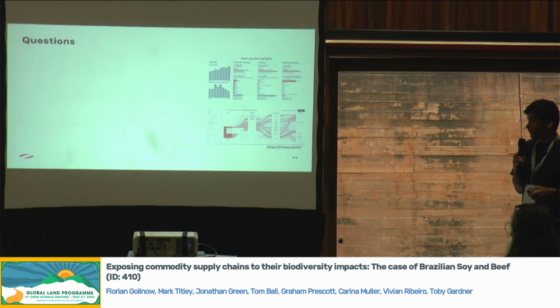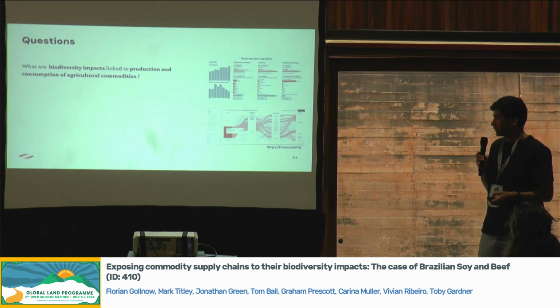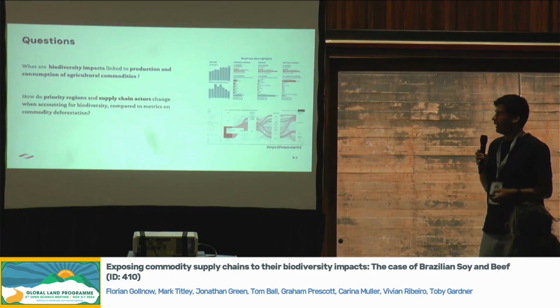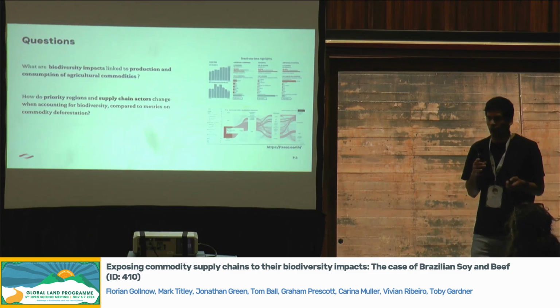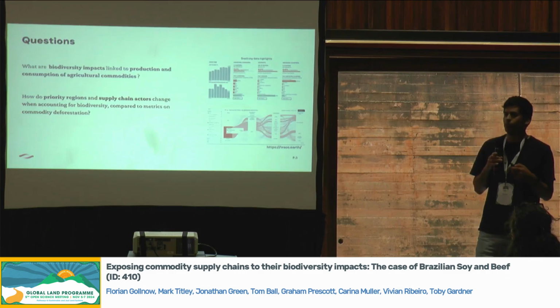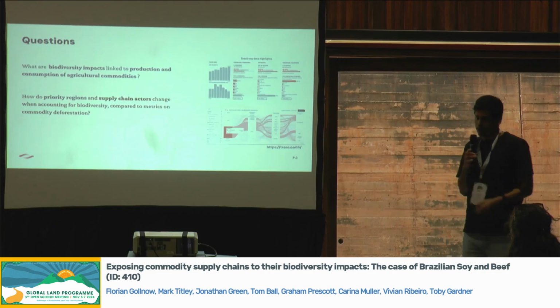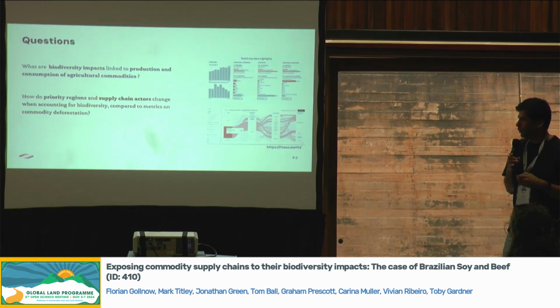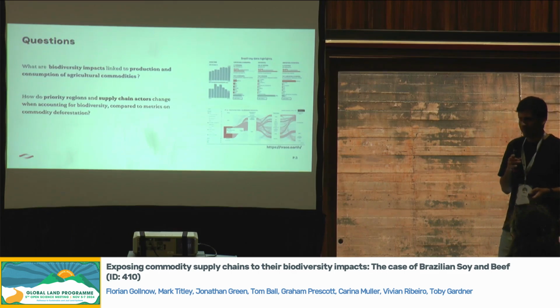The research questions I'm asking here are: what are the biodiversity impacts linked to production and consumption of agricultural commodities, and how do priority regions and supply chain actors change when accounting for biodiversity compared to other indicators on land use change, such as soy commodity deforestation, which we regularly map for soy, for example, in Brazil. This small piece of work will also focus on soy in Brazil. I was promising more, but we didn't manage to work on more, but this is going to come hopefully after this presentation.